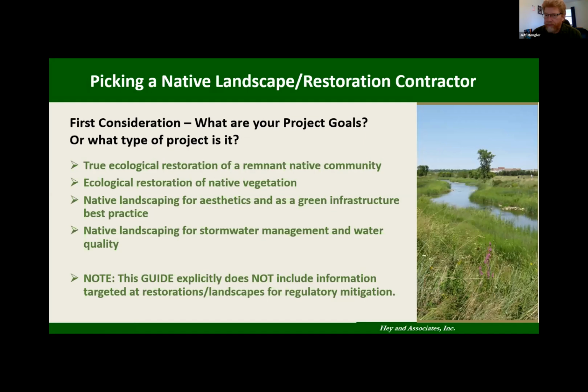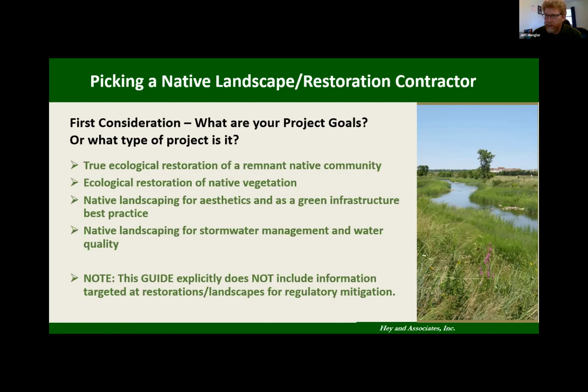And really the first consideration to think about in all of this is, what are your project goals, or what type of project is it? Is it a true ecological restoration where you've inherited the care of a remnant natural area, an actual native community? Or is it restoration of native vegetation, perhaps around a basin like those that Bill just showed us?